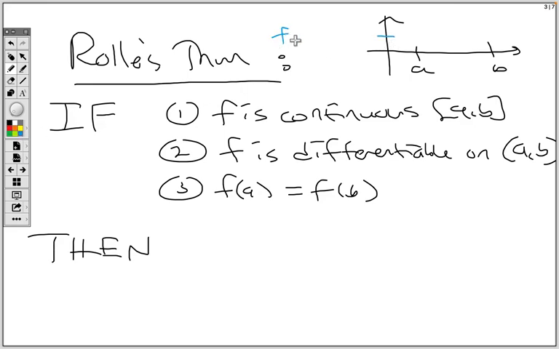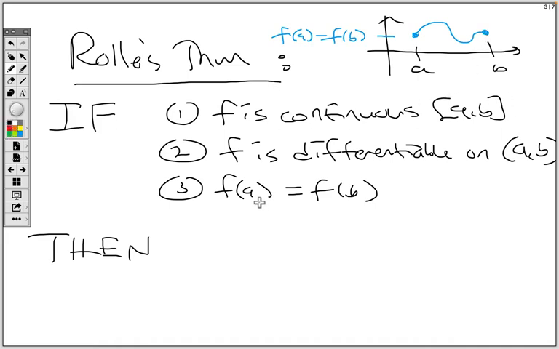So here's f(a) equals f(b). It's got to start here and end here, and you have to connect this with a smooth connected piece. Maybe it wanders up a little bit, maybe it wanders down a little bit, and it gets back to here.